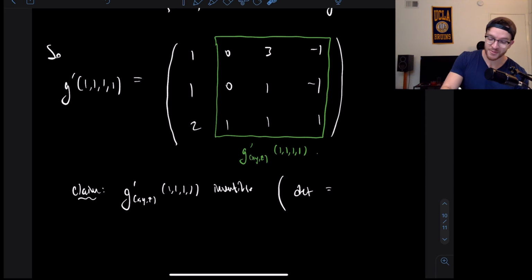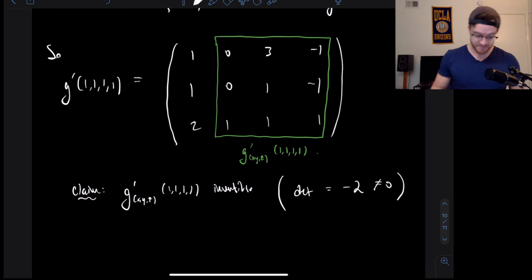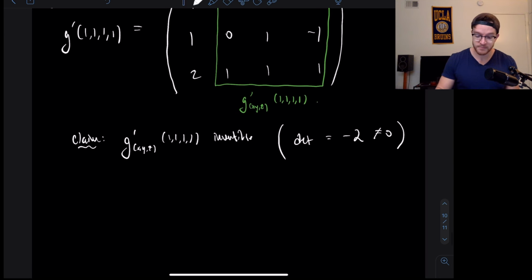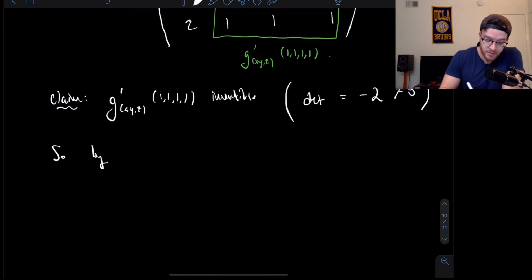So the determinant, if I did that right, is -2, which is not 0, so it is invertible. Okay, so if you believe me there, then the answer is yes. According to the implicit function theorem, we can solve for x, y, z in terms of w. Yes, we can.